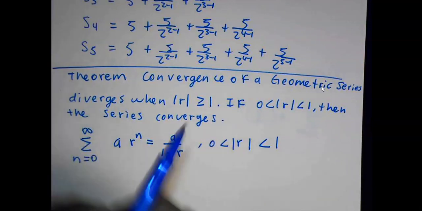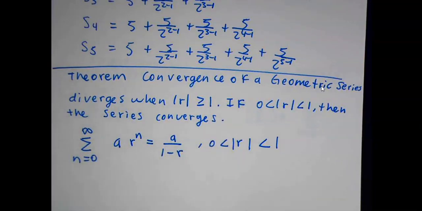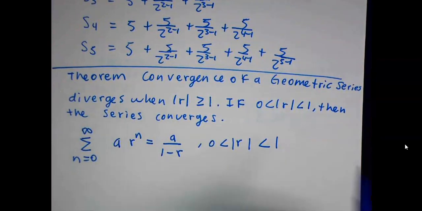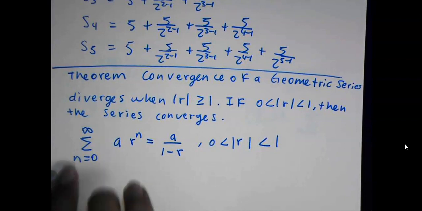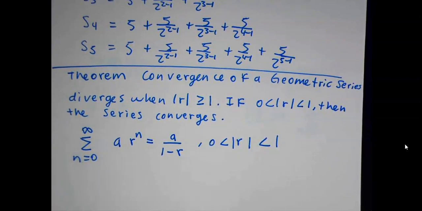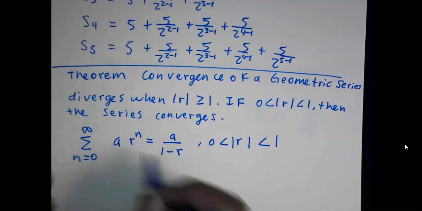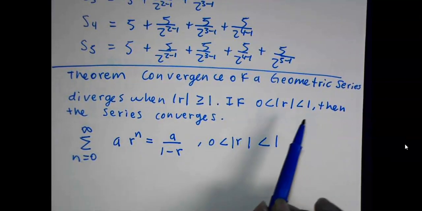Well, today we're going to cover 2 tests. First one is going to be a geometric series. For a sum of a geometric series to converge, the r, which is this right here, needs to be between 0 and 1.